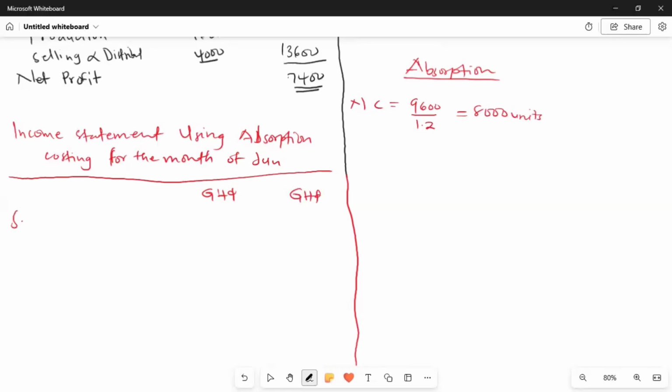So let's find our sales first. So our sales, the month of March, not January. I don't know why I keep on saying January. The month of March, the sales unit for March is 4,000, and the selling price per unit is 8. So we have 32,000. So we less the cost of sales, the absorption costing of production.